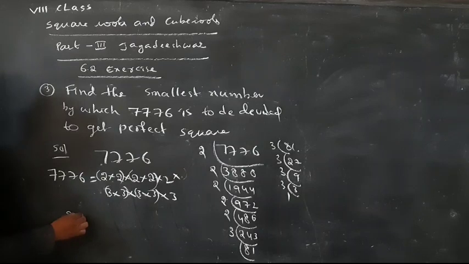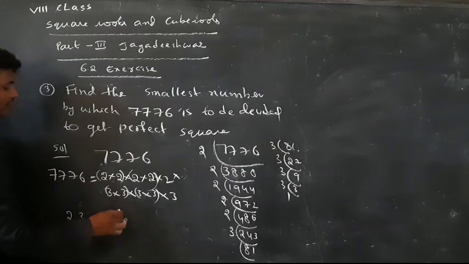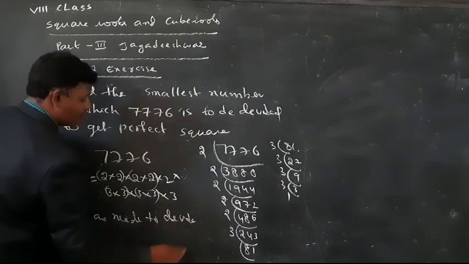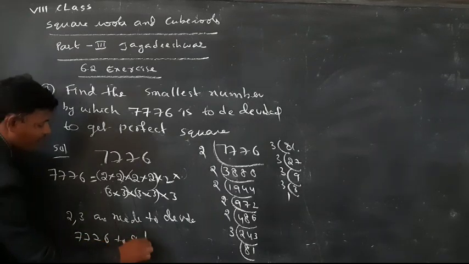Here 2 and 3 are needed to divide 7776 to get a perfect square number.